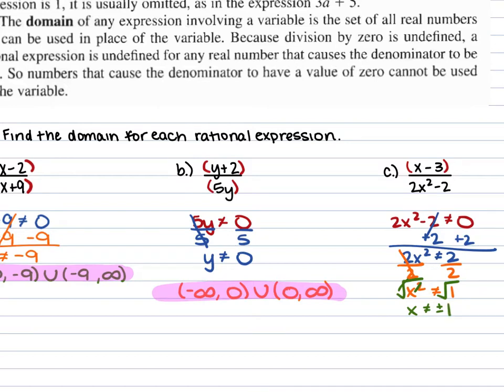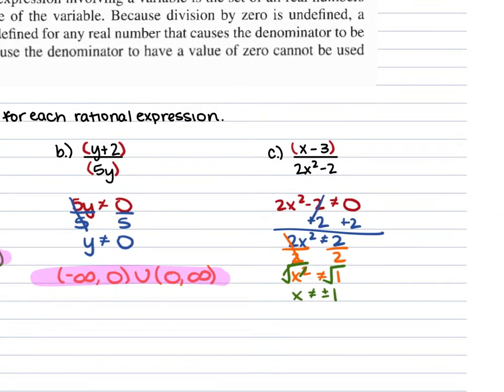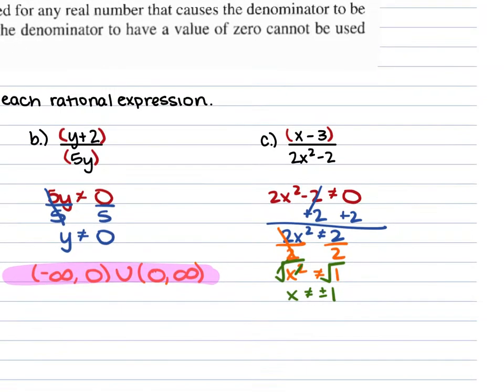So your interval notation with this is going to be a little bit more tricky. You're going to have a combination here of unions. So from this, you have that x cannot equal negative 1. You have that x cannot equal positive 1. So starting at negative infinity, we're going to go up to the lesser of the two numbers, which is negative 1.